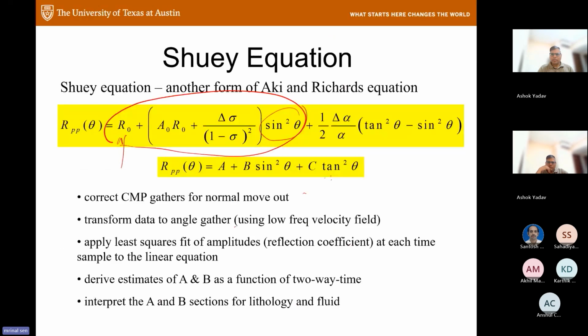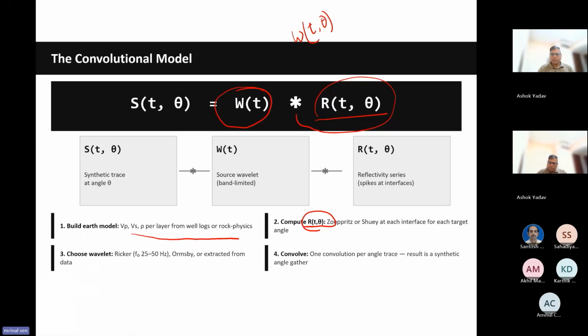All that you have to do is to include this part in your normal incidence case and do the convolution. So then for each theta, you get one trace. Let's say that I have 10 layers. So I have 10 different reflection coefficients for the same angle, convolve it, and then I get the angle trace. So 5, 10, 15, 20, you can use it for different angles.